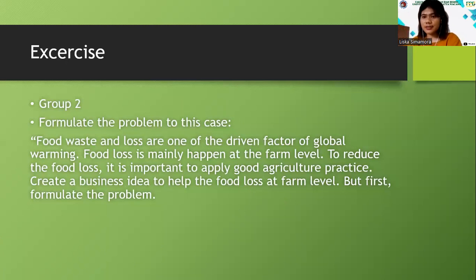The problem is they cannot find a new innovation or new products to increase their income, so you have to formulate the solution accordingly. And for group 1, the problem is about increasing farmer household income by creating agrotourism, for example, and you formulate the solution.